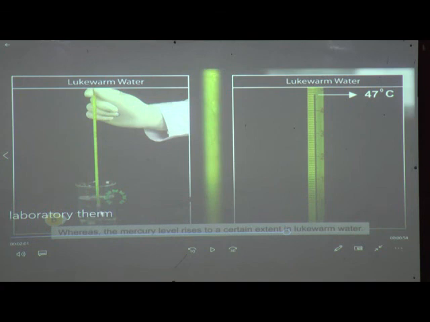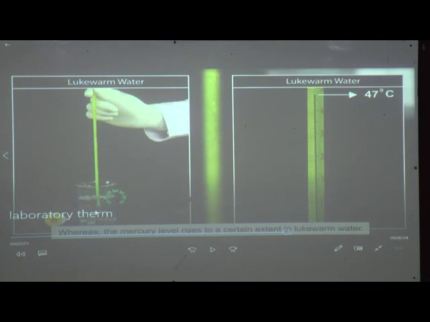The thermometer should not touch the surface or the sides of the container in which we took the lukewarm water. So we have to hold this thermometer like that, and measure the temperature while the thermometer is in this jar, in this substance only.